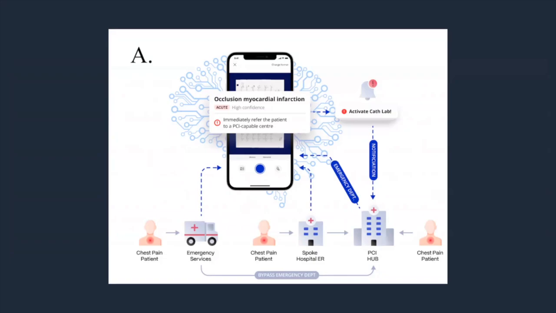The idea was that they would get a 12-lead EKG, and then they would get evaluated using the AI model called Queen of Hearts, which is available in an app like it is shown here. And basically, if the app said, "Hey, this person's having an OMI," they would be referred to a central PCI hub. Patients also presented to the hub and got evaluated with the AI model, so they used that as well.